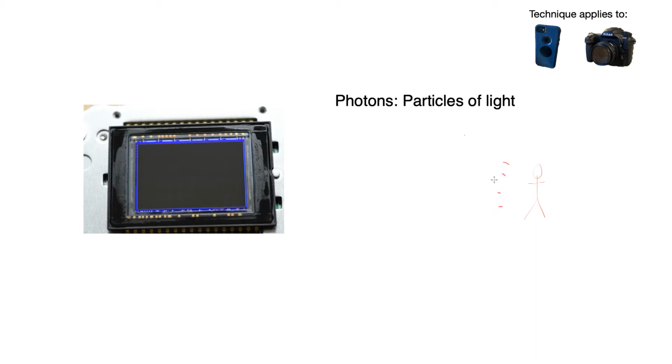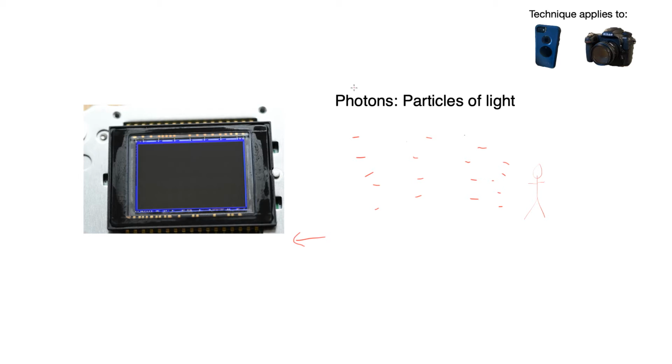And we're going to imagine that that light is bouncing off that person and coming towards the camera center as these little pieces, little particles of light. When they get to this sensor, the sensor is going to count how many photons hit the sensor in a certain place, and that's going to create our image.